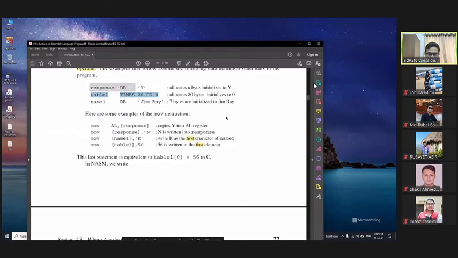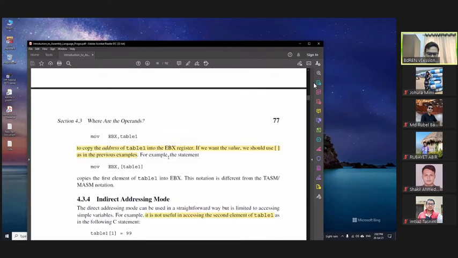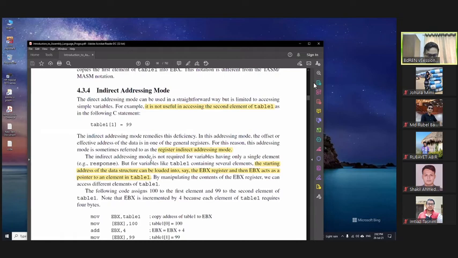So whenever we have this block, the initial memory location of that entire array will be saved into a separate register. That is called a pointer register. This acts as a pointer register. Okay, let me show you.